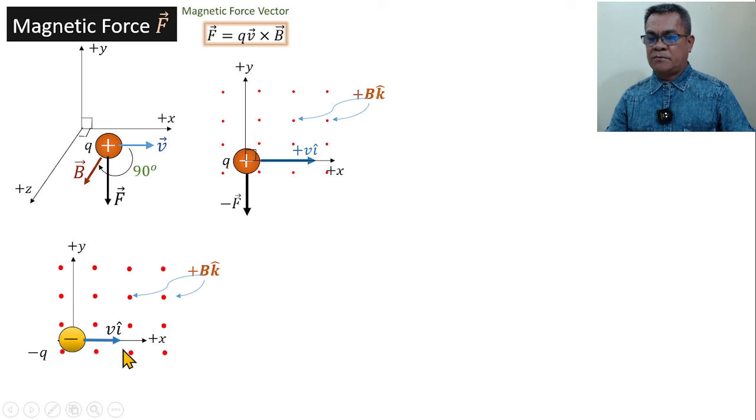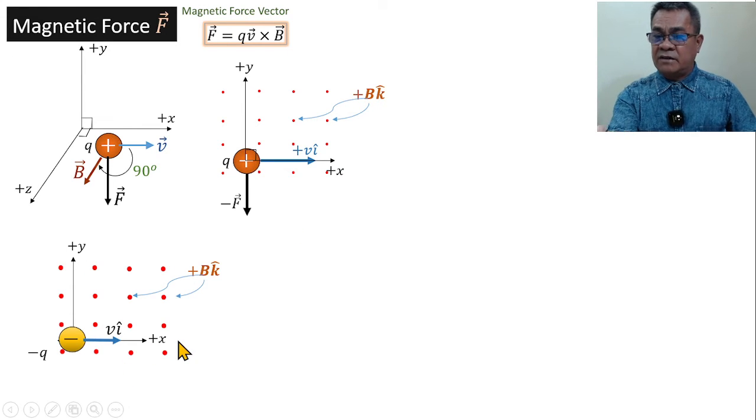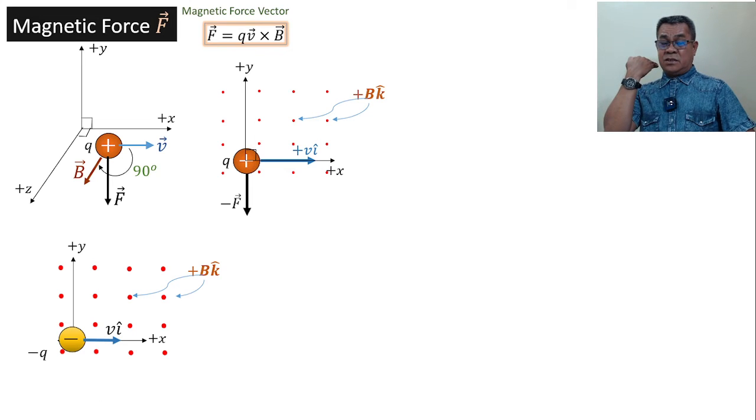So the question now is, where is your force? Theoretically, according to the formula, since the velocity is towards X and the magnetic field is towards the Z-axis, the plane is XZ.